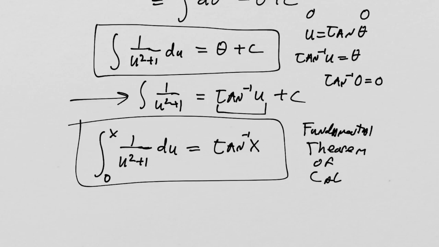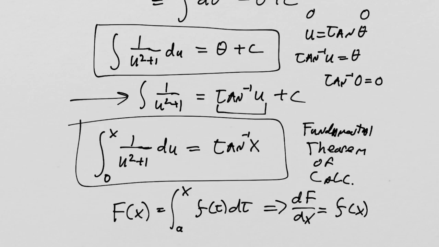And just as a reminder, I'll put it down here: the antiderivative of f of t, if it's equal to this definite integral, is defined this way, and that demands that the derivative of big F is equal to the integrand as a function of x. And notice how x lies in this limit of integration. So that's the fundamental theorem of calculus.